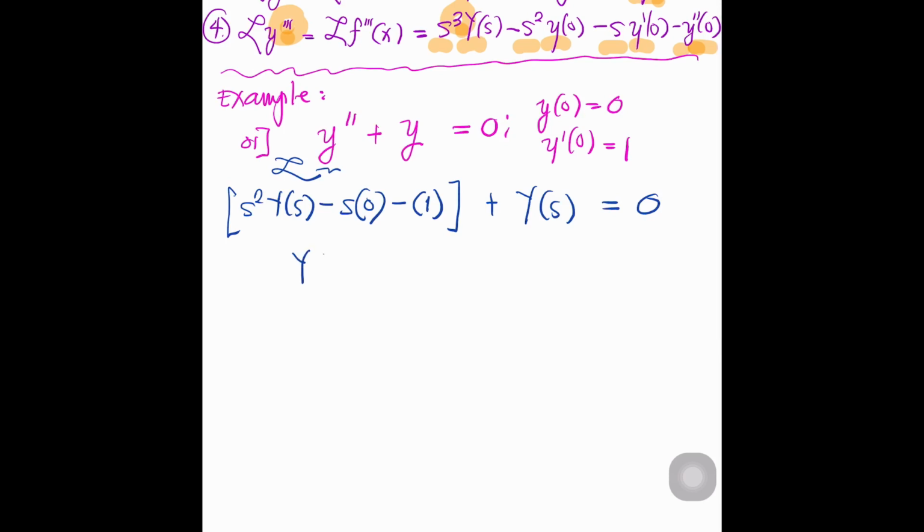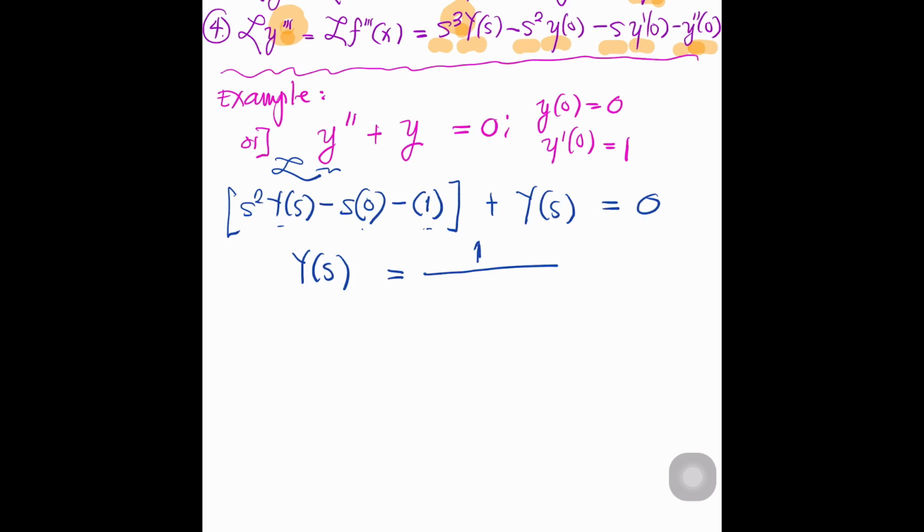And then, get the value of y of s, retain it on the left side, and the other terms which are not in terms of y of s, such as this one, should be written on the right side of the equation. So we'll transpose 1, negative 1 from here becomes 1. And then to get the y of s, it should be divided by the coefficient of y of s.